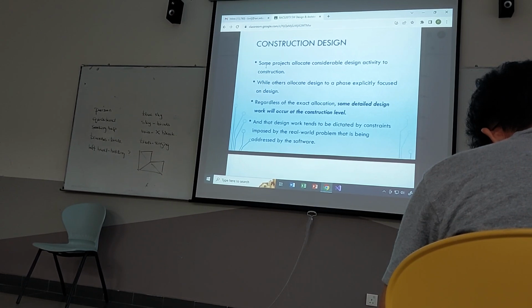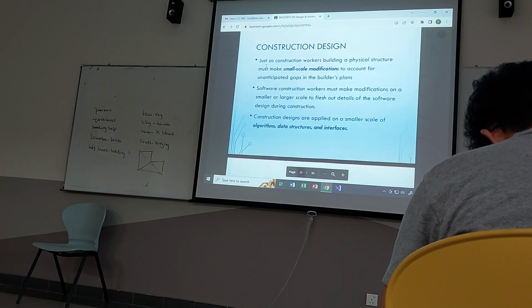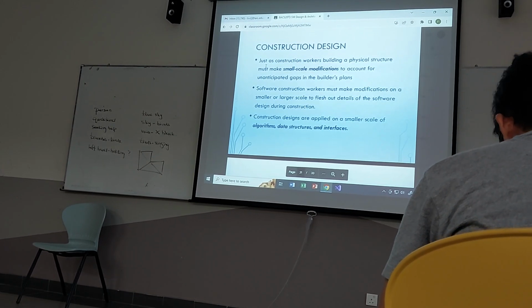That is construction design. However, some people put writing the algorithm into the construction design. So construction design is normally a small scale modification, applied to a small scale of algorithm, data structure, and interface.